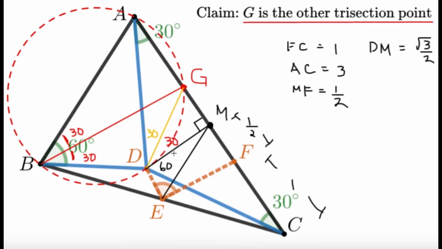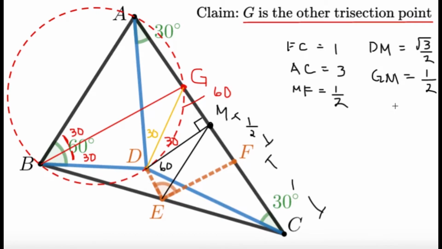Now that we have some of the lengths, DM being square root of 3 over 2 is in effect opposite this angle, which is 60 degrees. So we know that GM must be DM divided by square root of 3. So GM would be 1/2. And that's actually enough already to prove this claim.